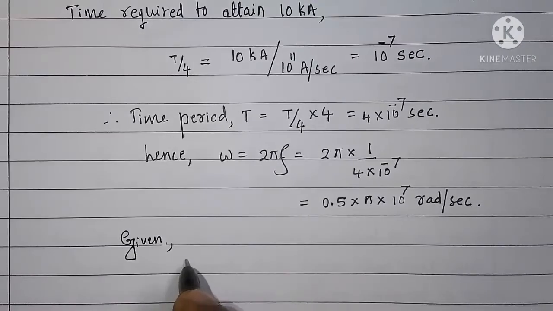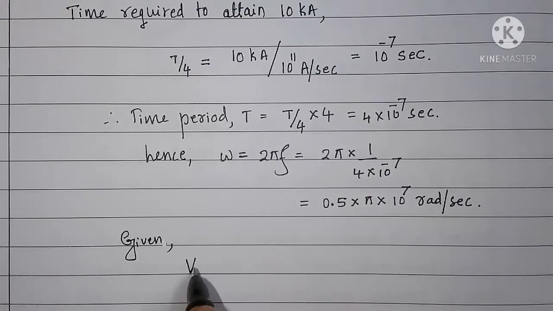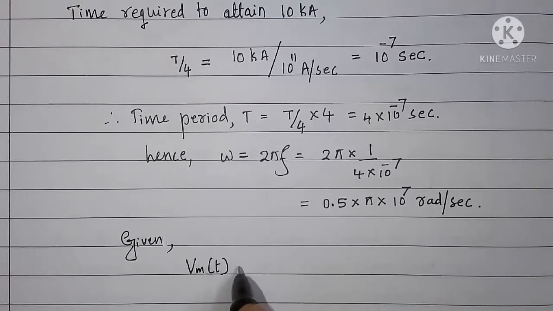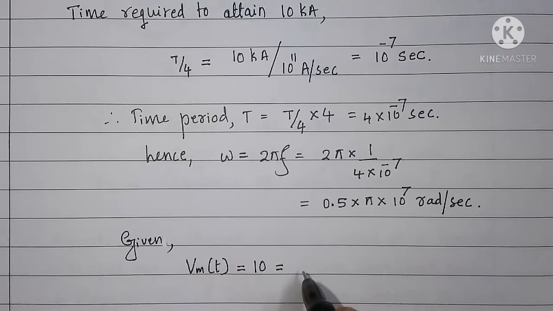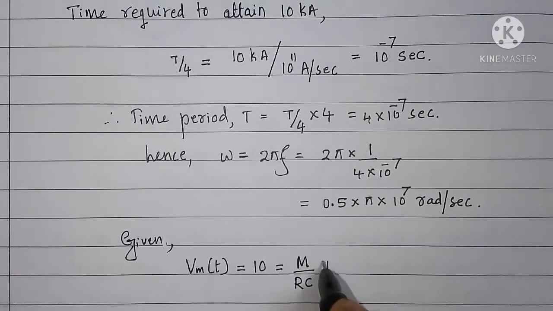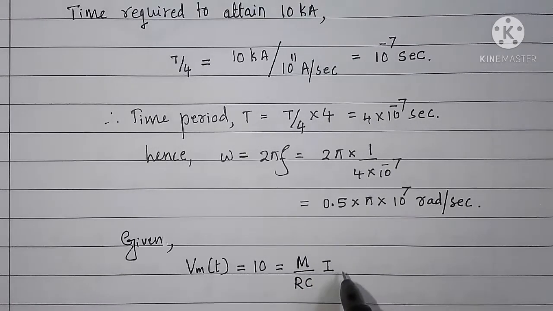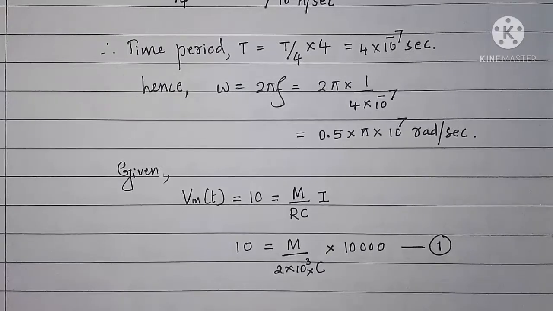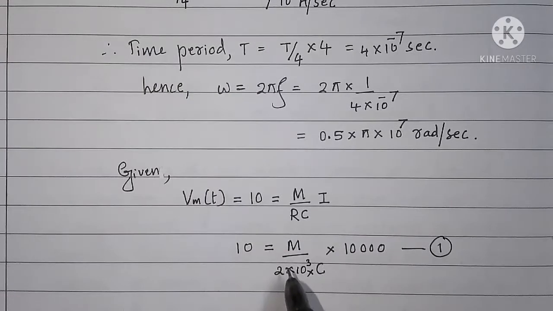Given maximum reading of the voltmeter Vm of t equal to 10, and we know the relationship between mutual inductance, time constant RC, and the current under measurement, that is M by R into C into I of t, or simply I. Substituting for the value of R, we get 10 equal to M by 2 into 10 to the power 3 C into 10,000.